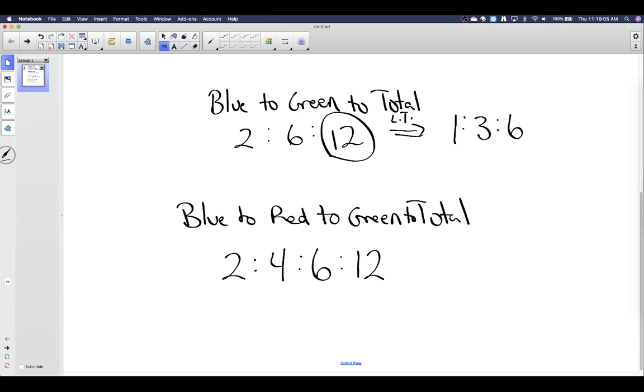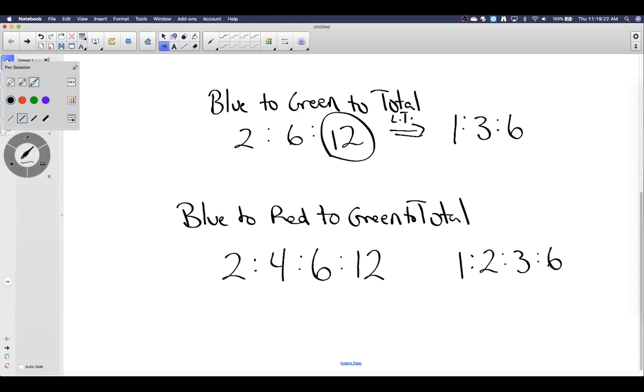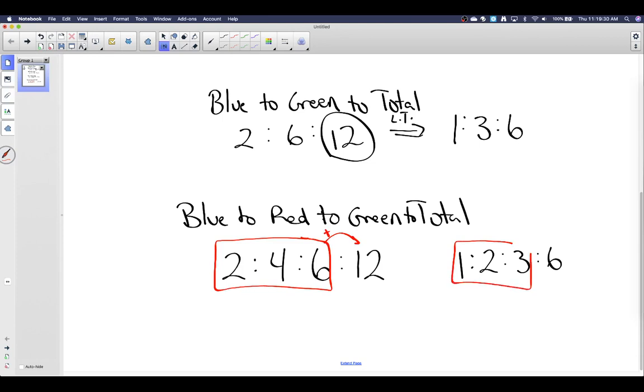You can have as many terms in your ratio as you like, so long as you have different parts to compare. If I was to put that one into lowest terms, it would be 1 to 2 to 3 to 6. And notice that these 3 parts here all added up to my total.